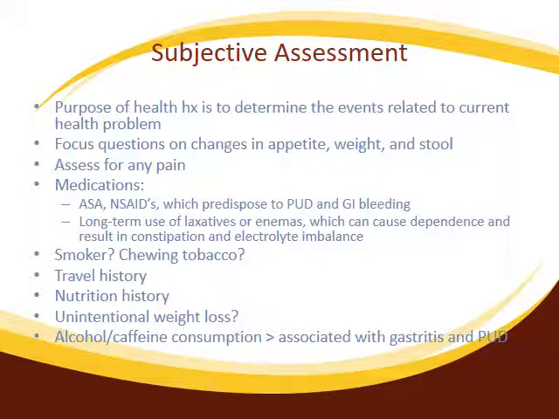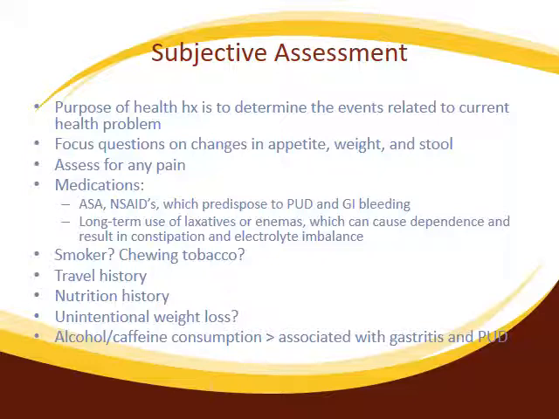So be very thorough in that assessment in these areas of appetite and weight gain or loss. Assess for any pain. Certainly, we want to be very thorough on identifying what pain they have, because that can help the physician, the provider, and us determine what might really be the problem.